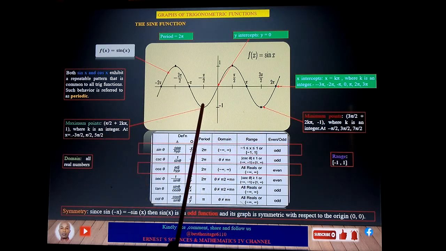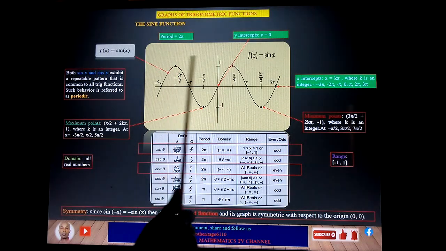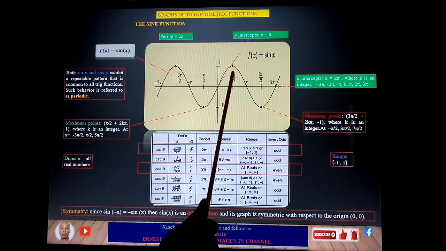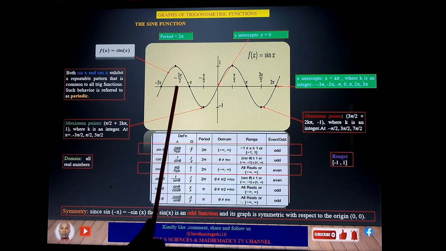So for this case, we're going to have maximums at pi over 2 positive, and negative 3 pi over 2, which is going to be given as well as a maximum point. And if we give it in terms of a formula, this is going to be pi over 2 plus 2k pi, where k is an integer, as these various points that I've given for this.